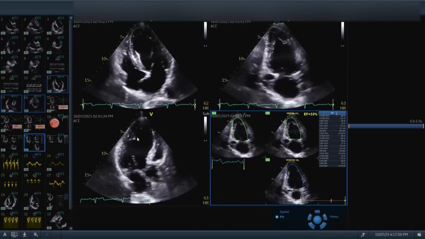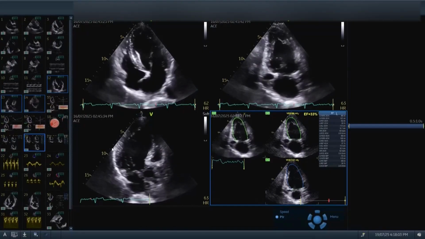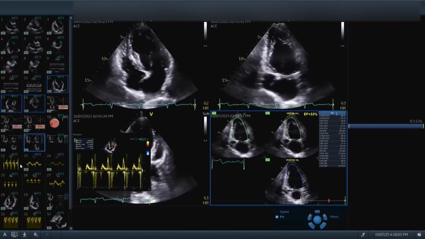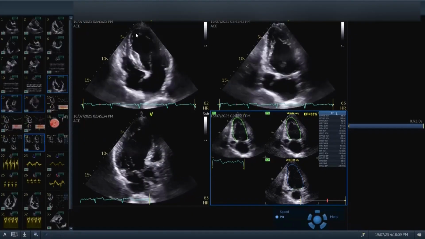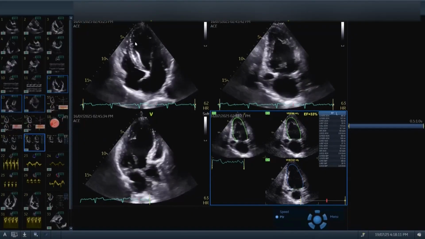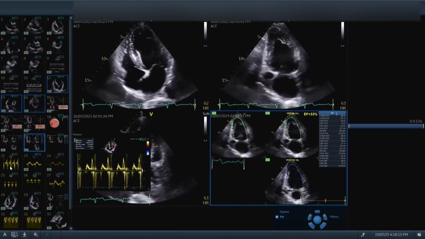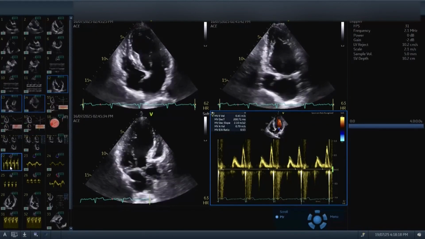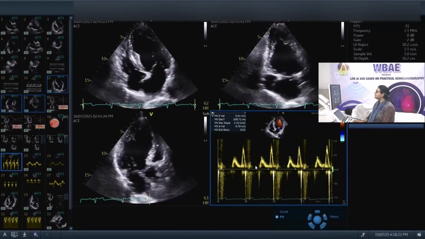Both are dilated cardiomyopathies, but one is of ischemic etiology and the other is idiopathic. And here, if you compare those images, this patient has a thin and akinetic anteroseptal wall and apex.